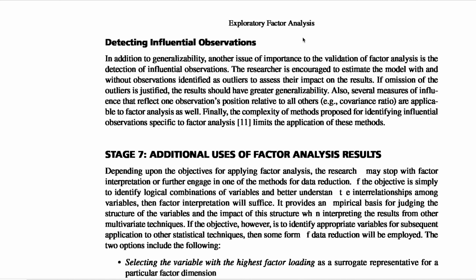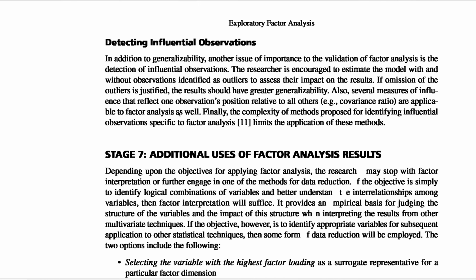If omission of the outliers is justified, the result should have greater generalizability. Also, several measures of influence reflect one observation's position relative to all others. For example, covariance ratios are applicable for factor analysis as well. Finally, the complexity of the methods proposed for identifying influential observations specific to factor analysis limits the application of these methods.